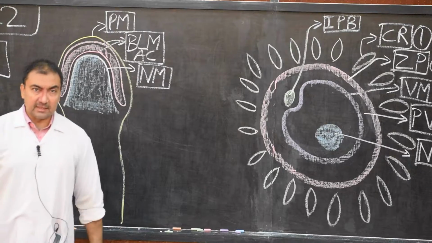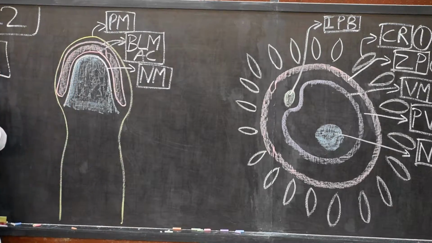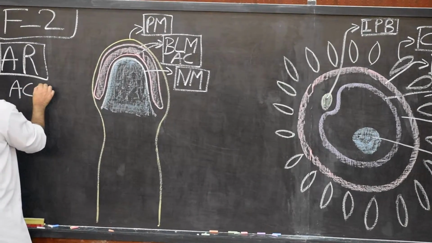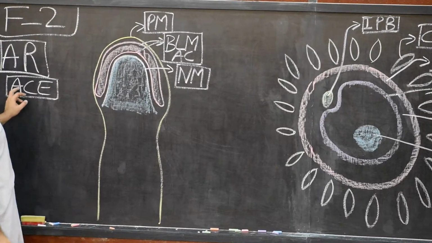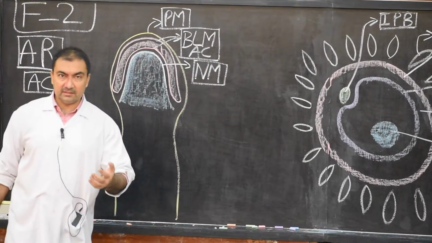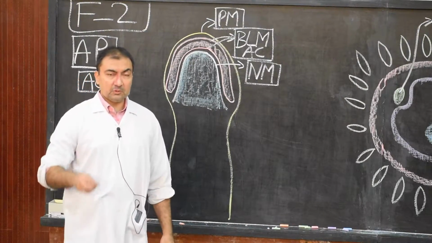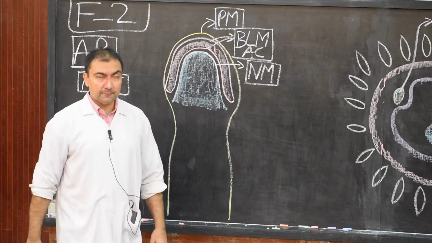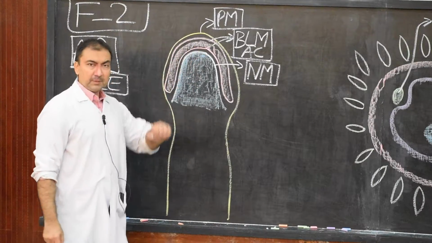In the acrosome reaction, please note down, angiotensin converting enzyme will be released, because of the presence of angiotensin converting enzyme in the acrosomic cap of the spermatozoon. Which portion of the spermatozoon? The head of the spermatozoon.